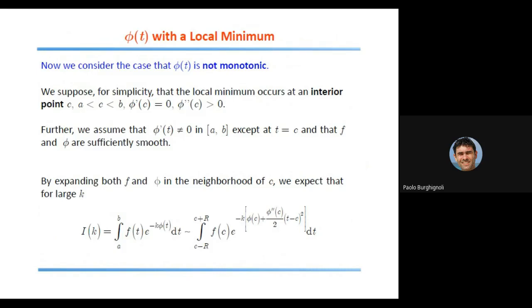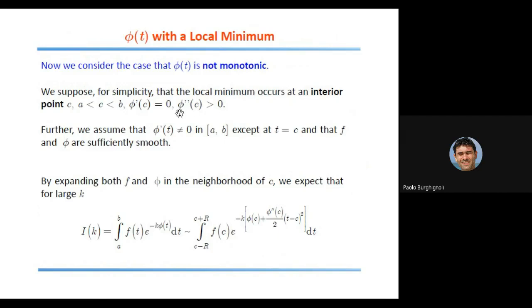There are a variety of situations which may occur depending on the order of this minimum. The simplest case is that we have a simple minimum, which means that at the point c, which is strictly internal to the integration domain, the first derivative of phi is equal to 0 because it's a minimum, but the second derivative is different from 0, and in particular it's positive, otherwise it would be a maximum.